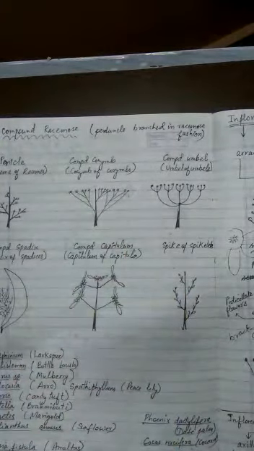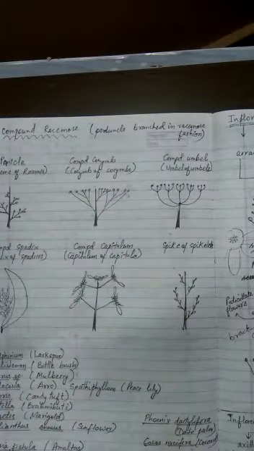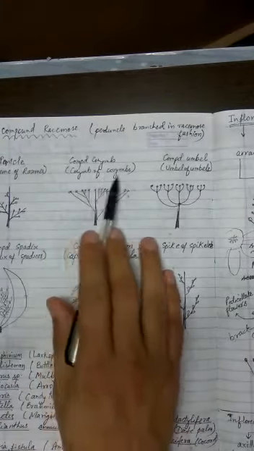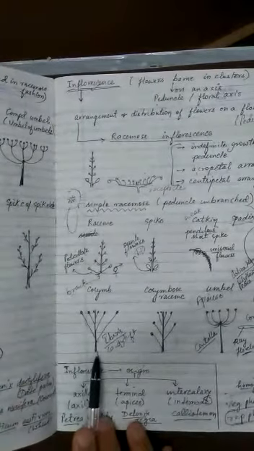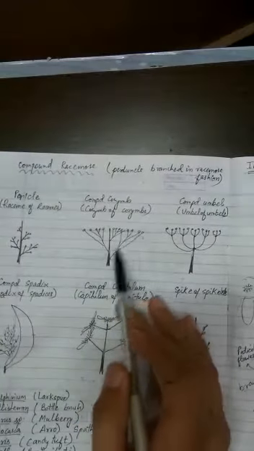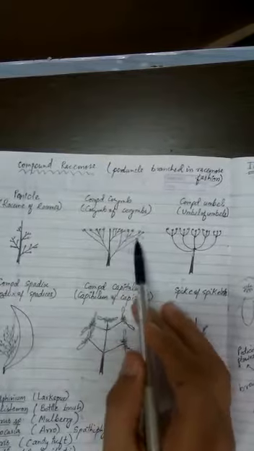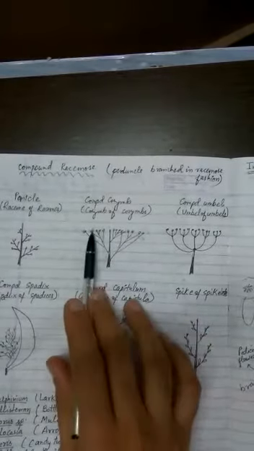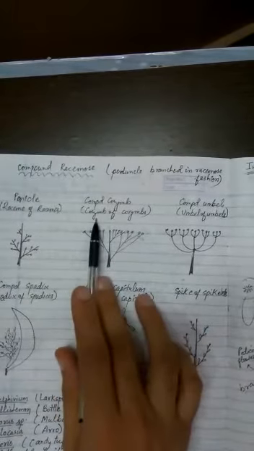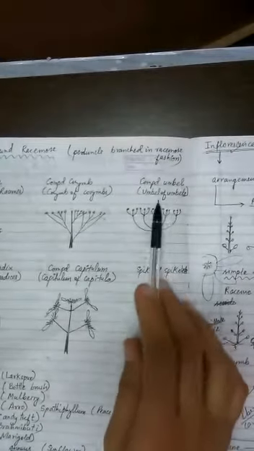Then the second one is compound corymb. Compound corymb is also called corymb of corymbs. It will be the same as the simple corymb. The only difference is that the axis is going to be branched again, and each branch of the axis will have small corymbs present on it. Then the next one is compound umbel.